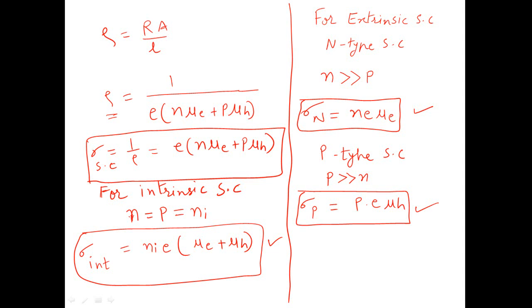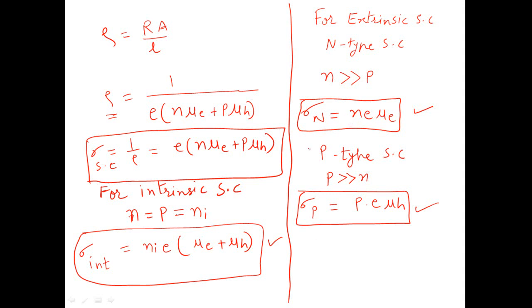So if the resistivity or conductivity is given and the mobility of electrons is given, and you are asked to calculate the number of dopant atoms which are added into the pure silicon or germanium sample, then the number of dopant atoms will be exactly equal to the number of electrons, because whenever a donor impurity is added into the pure silicon or germanium structure, each donor atom contributes one free electron for conduction. So whatever number of electrons you calculate, that number will be exactly equal to the number of donor atoms.